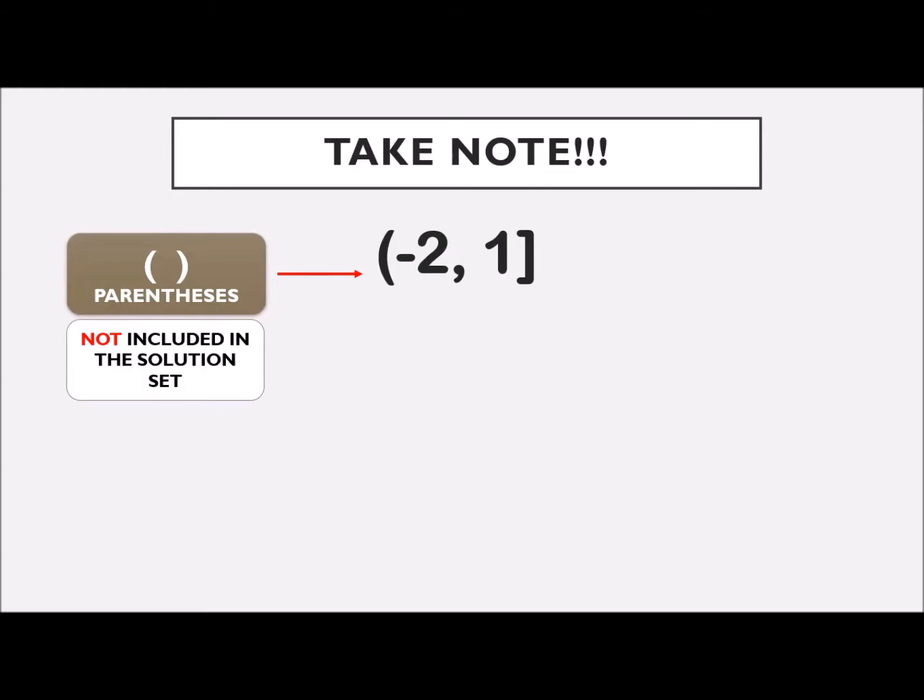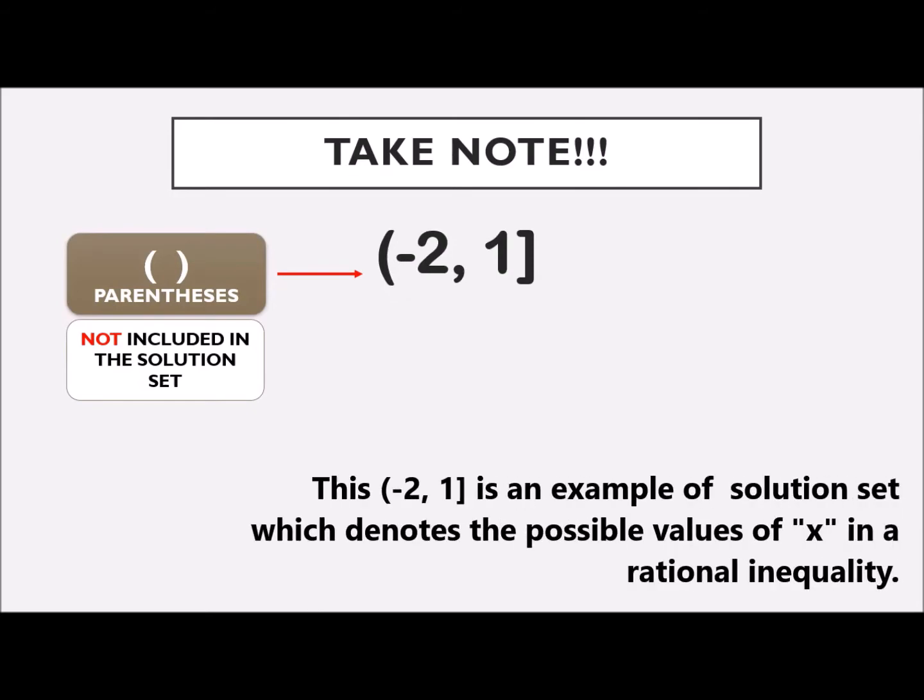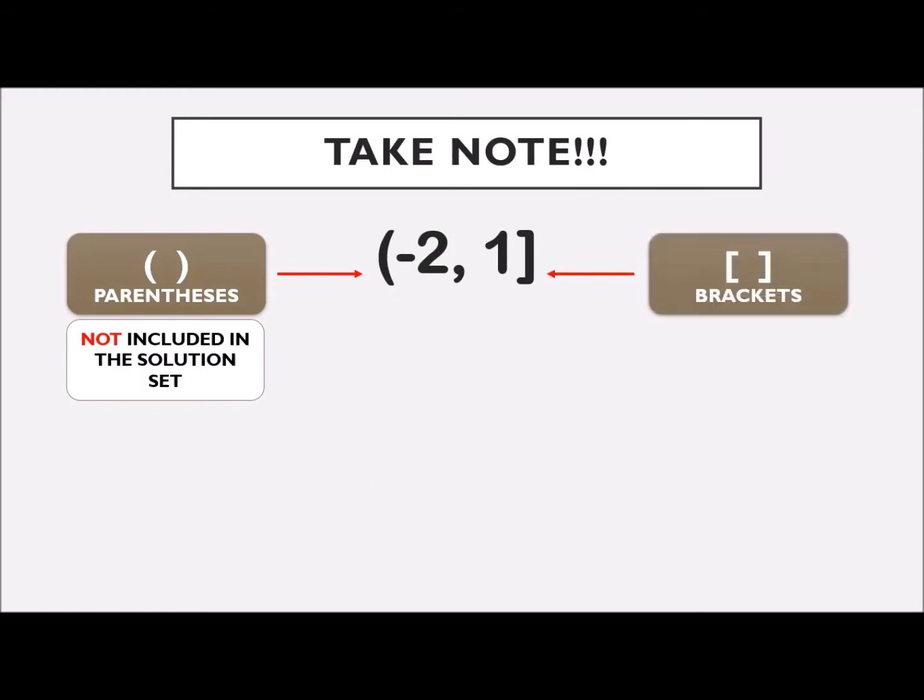It only means the solution set. Pag sinabi nating solution set, ito yung mga possible values ng x or yung variable doon sa isang rational inequality. So remember, pagka parenthesis, it is not included on the solution set. Then pagka brackets, kabaliktaran naman po, it is included in the solution set.